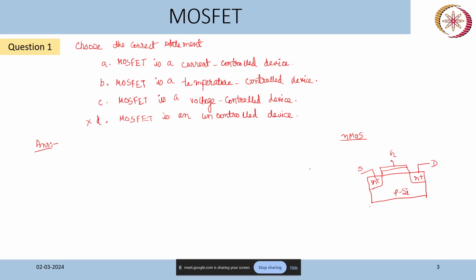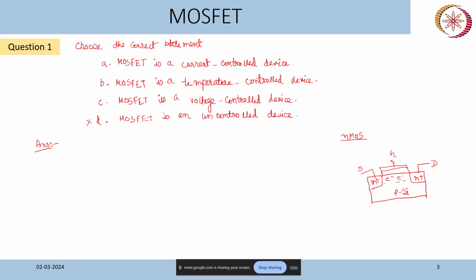So what happens in a MOSFET? The formation of the channel here. So there will be a formation of channel for NMOS. The channel will be of N type, that is there will be electrons in the channel, and the formation of the channel is controlled by the gate terminal.